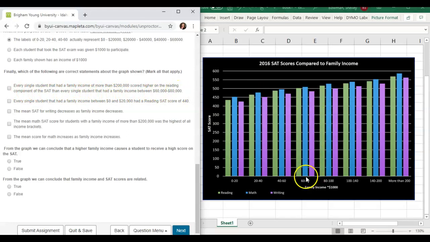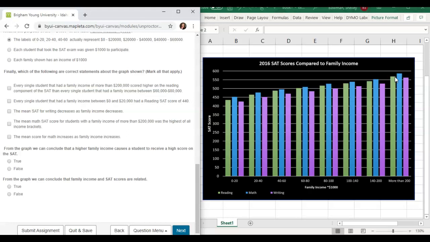So we're going to go to 60 and 80, and we're looking at the reading component, which is green, and we're going to look at the more than 200,000, so we're comparing this green one to this green one, and it says every single student that had a family income of more than 200,000 scored higher on the reading component of the SAT than every single student that had a family income between 60 and 80.